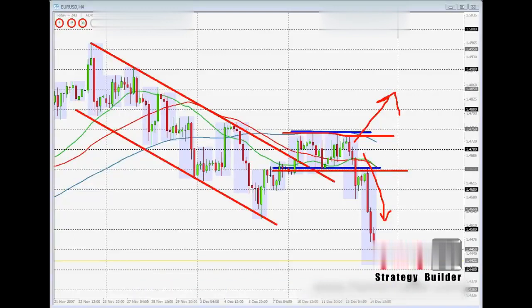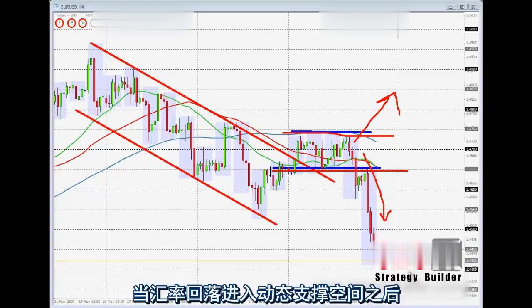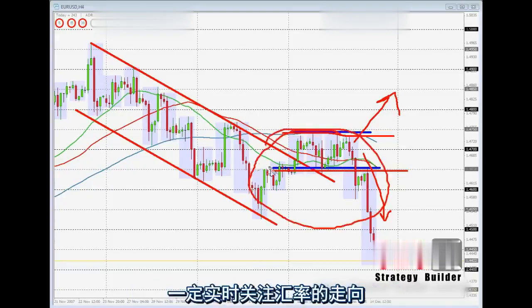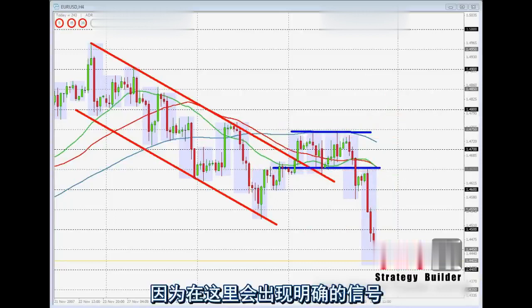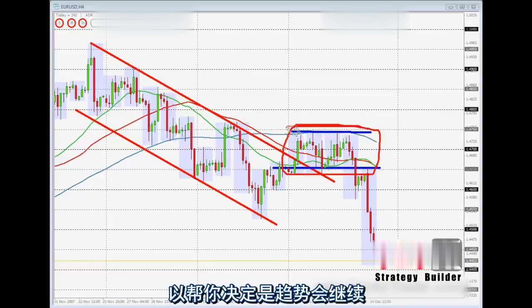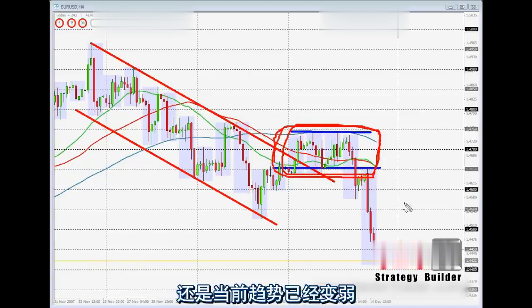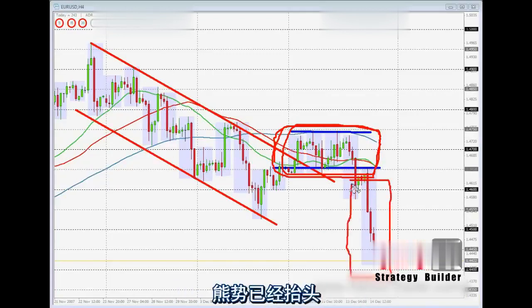All right, always keep a close eye, follow price in real time once the retracement back to the dynamic area has happened. Because you will have clear indications whether this trend is still strong and whether you still want to be looking for long entries, or whether it's time to realize that this is not looking good anymore. The bears are now showing more strength.